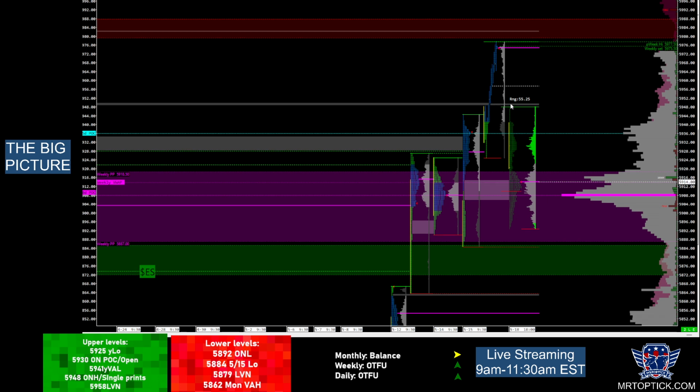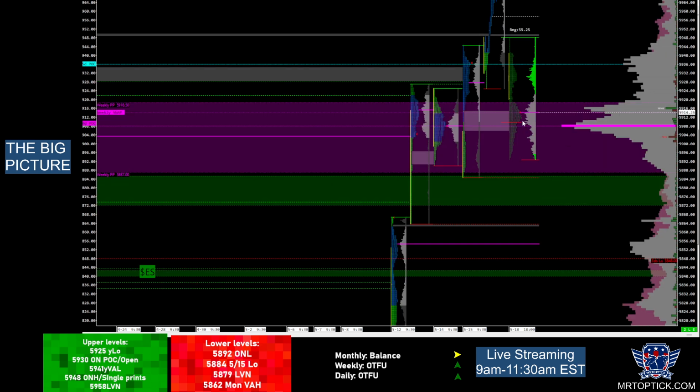Anyway, one of my scenarios is looking to fill the gap, keep squeezing, and then find sellers in this area, which is around the 59.50 area, and then see if we come back into that 20-day point of control.